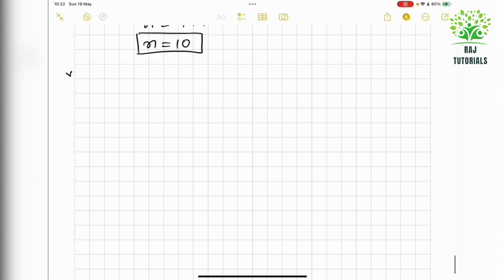The fifth one says A equal to 3.5, D equal to 0, N equal to 105, and AN equal to question mark.